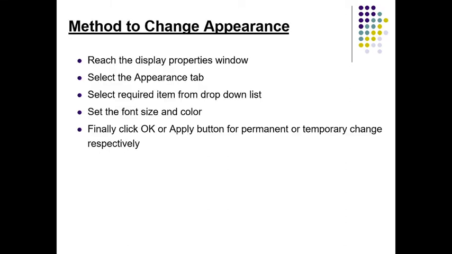First step, reach the display properties window. Second step, select the appearance tab. Third step, select the required item from the drop down list. Fourth step, set the font size and color. Fifth step, finally click OK or apply button for permanent or temporary change respectively.